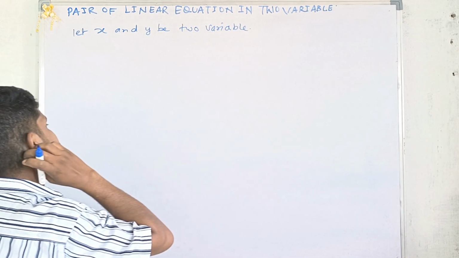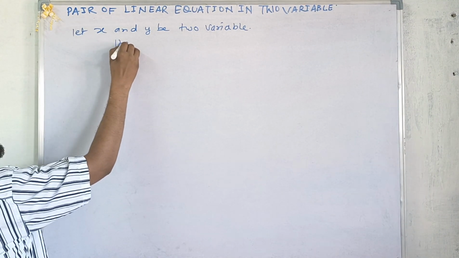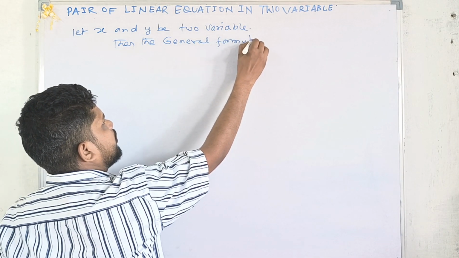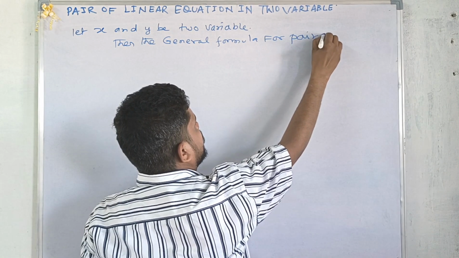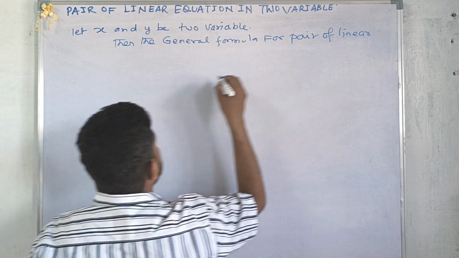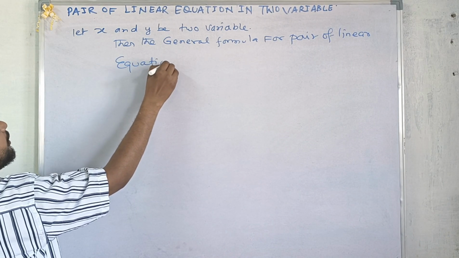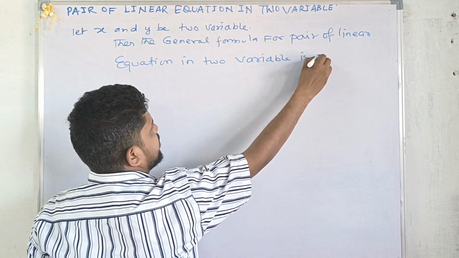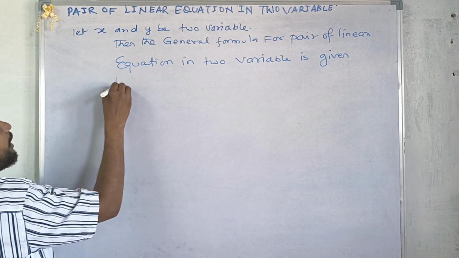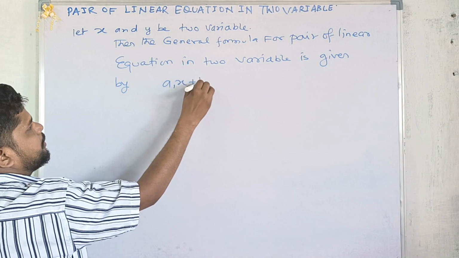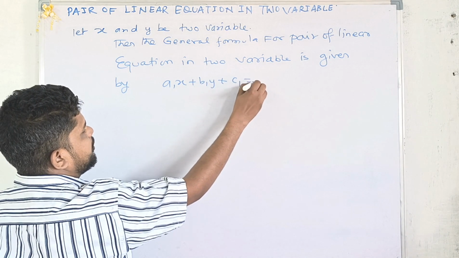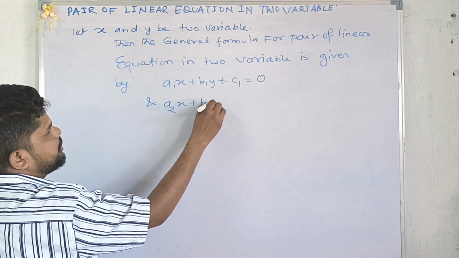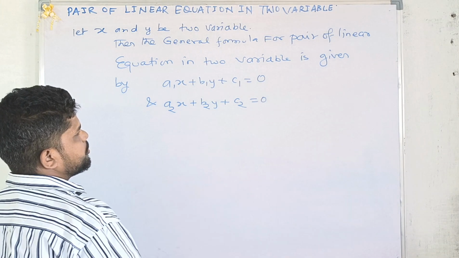Then the general formula for a pair of linear equations in two variables is given by a1x plus b1y plus c1 is equal to 0, and a2x plus b2y plus c2 is equal to 0.